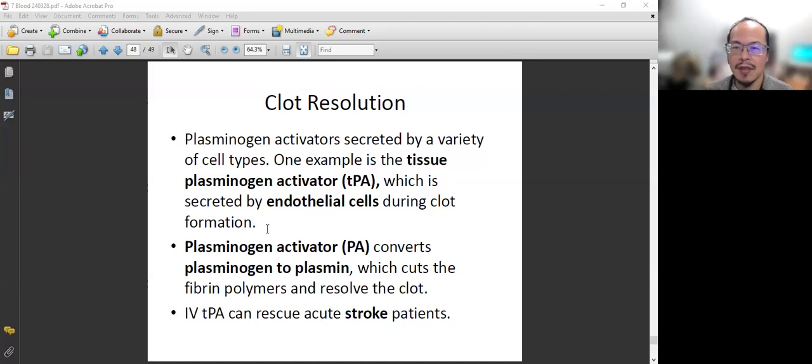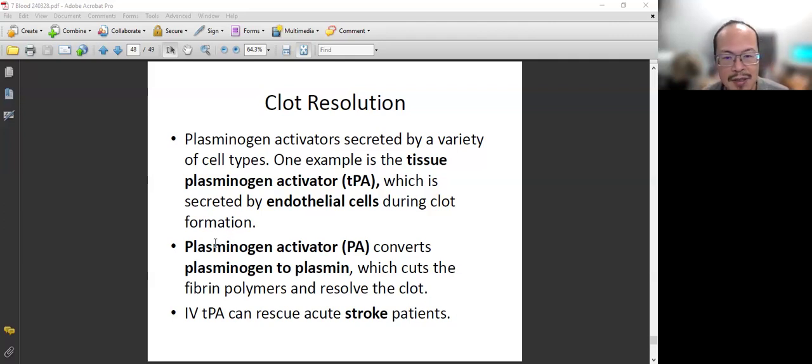So hemorrhage. If there's leakage, it will be difficult to treat. But if there is a clot just stuck in a blood vessel in the brain, you can resolve it by injecting TPA. But you need to do it early enough. If it's too late, you have already caused damage to the brain, then resolving it is not going to help.